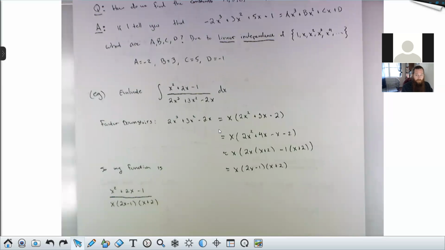And now we're going to set up the partial fractions. Each factor of the denominator is a linear factor. This one doesn't look like x minus c for any value of c, but if you factor out the 2, then this would be x minus 1/2. It's a simple linear factor. x is the same as x minus 0. All right, so each one of these is a simple linear factor, so each one's going to get a single term.